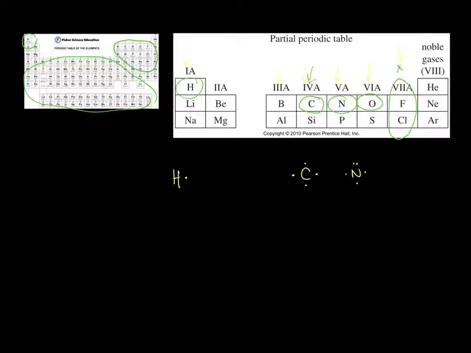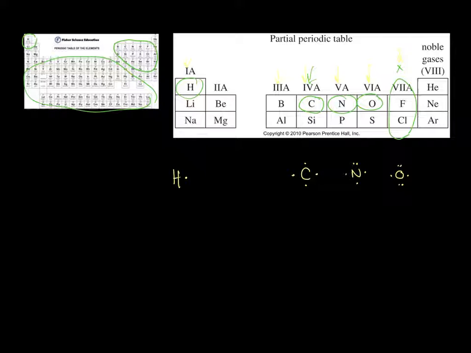It doesn't matter which side you put it on, but essentially that leaves nitrogen with 3 unpaired electrons and 1 pair of electrons. Right? Likewise, when we move into oxygen, oxygen would have 6 valence electrons. So we would start off spreading them out first, 1, 2, 3, 4, and then we would put number 5 and number 6 paired up. So oxygen would only have 2 unpaired electrons and 2 pairs.